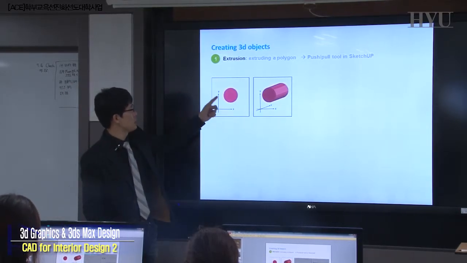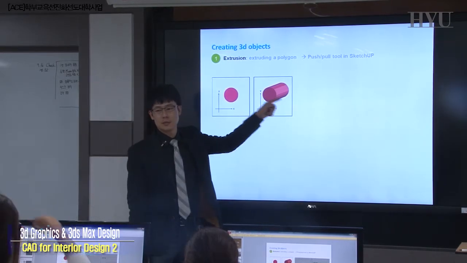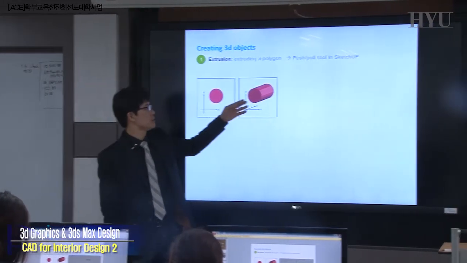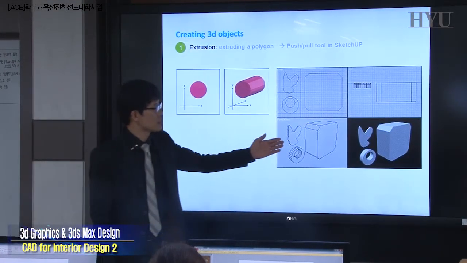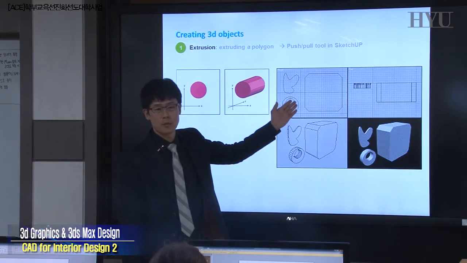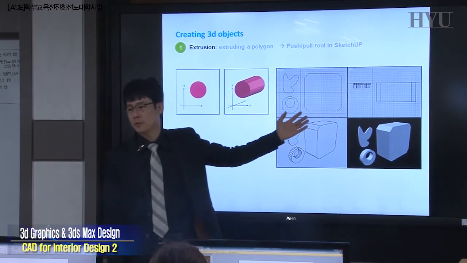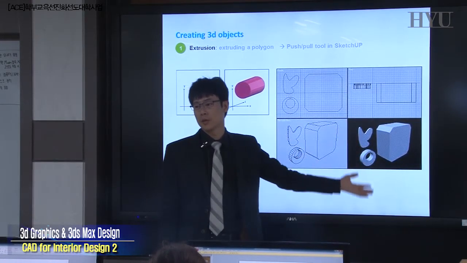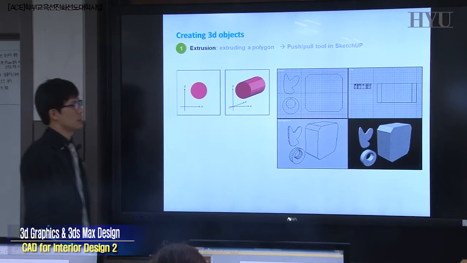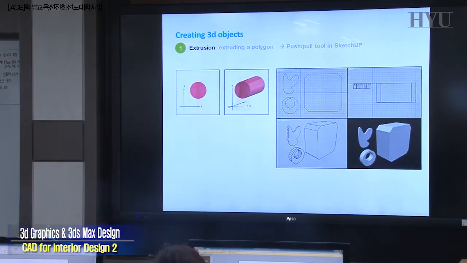Draw a 2D shape on the XYZ plane, and extrude it in the Z direction so that you get a 3D shape. In 3D Max, you can draw 2D polylines in any shape and give them a thickness so that you get 3D objects. This is the first way, extrusion, to make 3D objects.